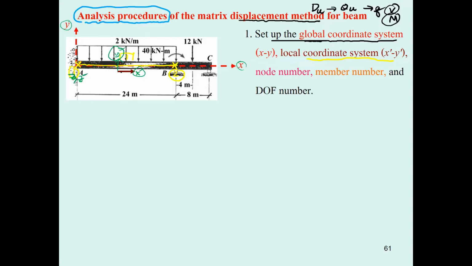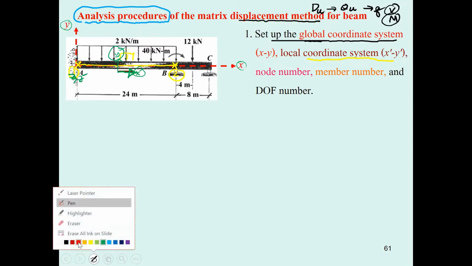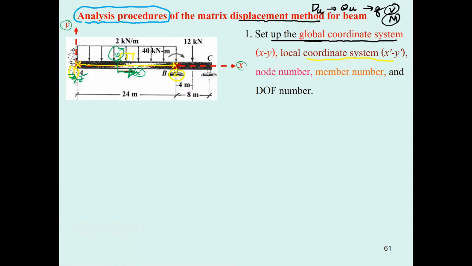By putting the local coordinate in this way, the beam analysis is going to be simple. Then you do it again by marking node number 2, and over here this is node number 3. This is member number 2, and then you have its local coordinate.